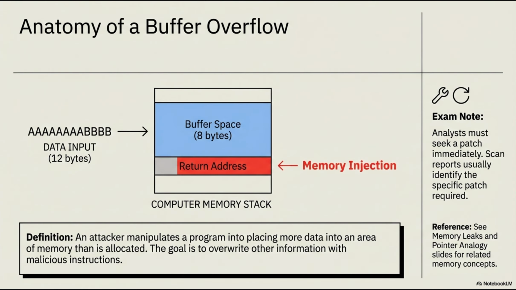A buffer overflow vulnerability is where an attacker manipulates a program into placing more data into an area of memory than is allocated, and the goal is to overwrite other information with malicious instructions. Analysts must seek a patch for this immediately. Scan reports usually identify the specific patch required.